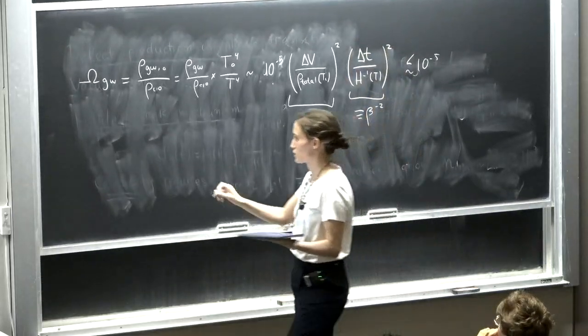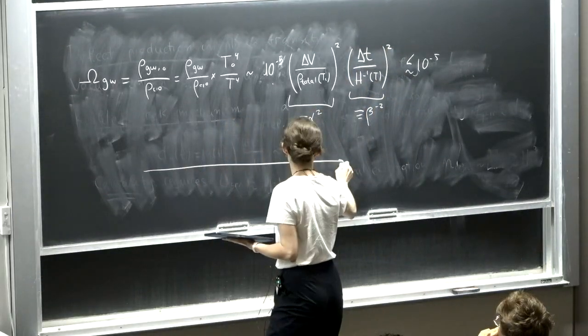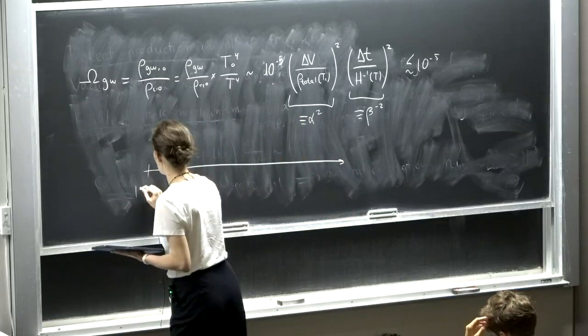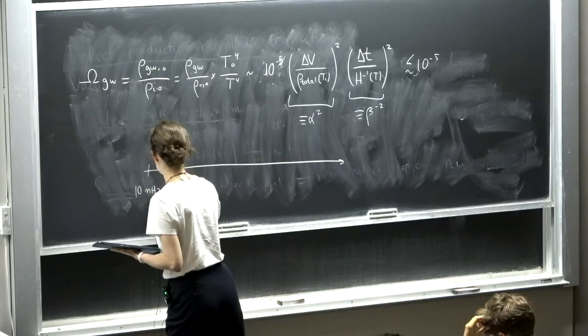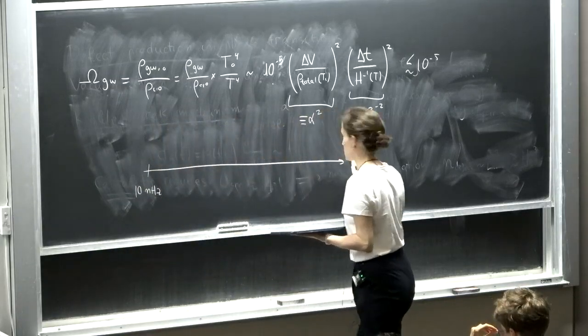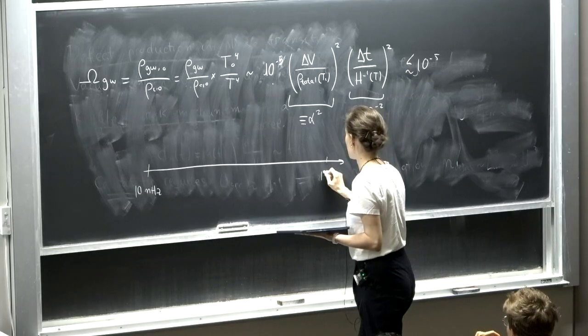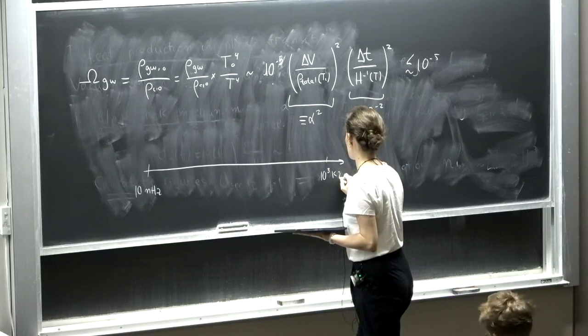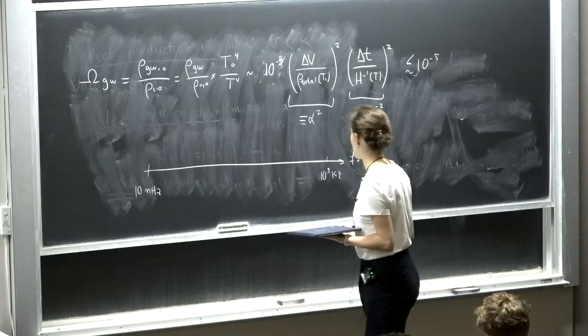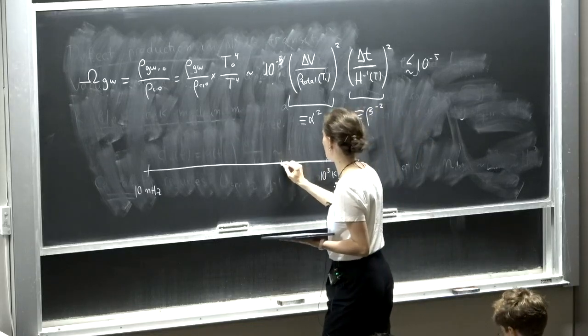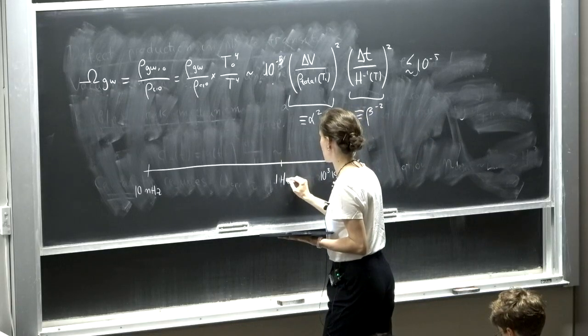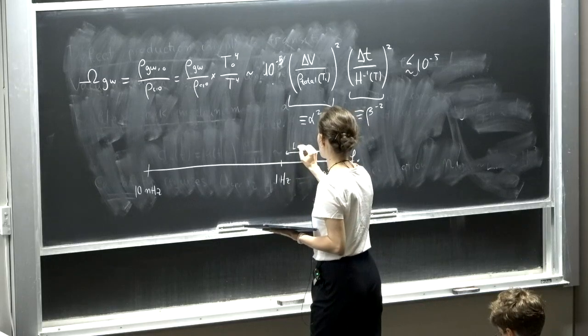So let me just draw one more thing. In the next few decades, obviously everyone has heard about LIGO. LIGO operates between 1 hertz and 10 to the 3 hertz.